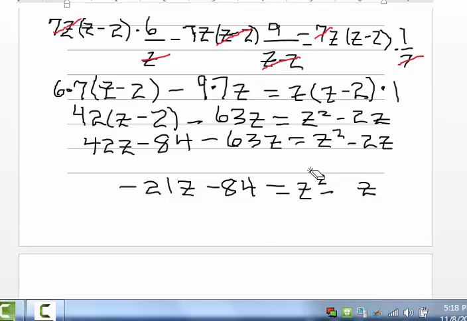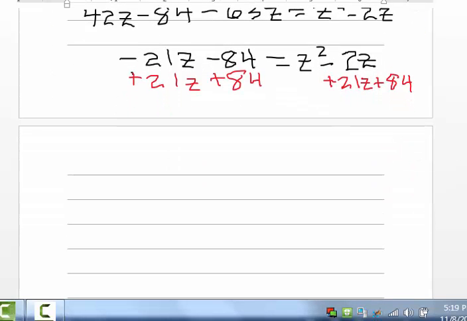Let's add a plus 21z and a plus 84 to both sides of the equation.